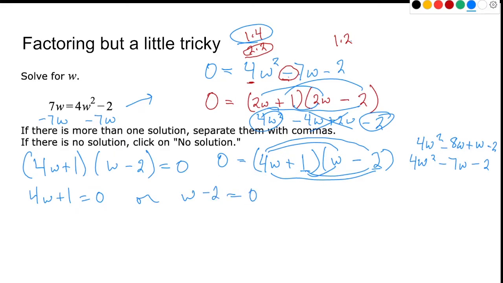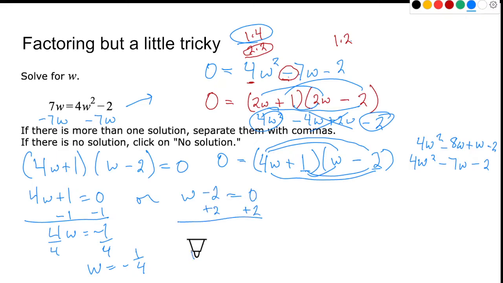We solve for the variable, so subtract 1 here. 4w equals negative 1, and then we divide by 4. So we get one answer of w equals negative 1/4. On the other side, we add 2 to both sides, and we get the answer w equals positive 2.